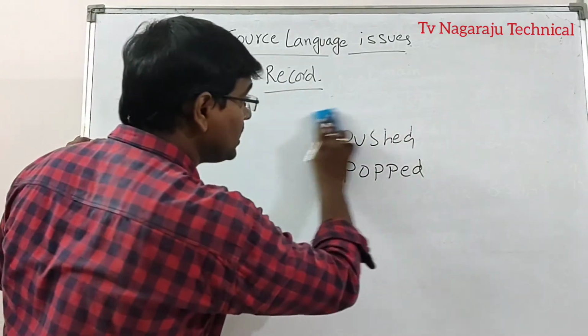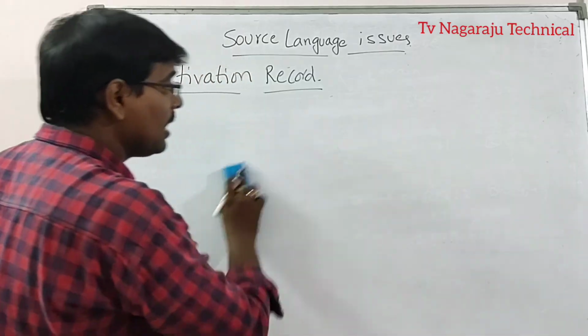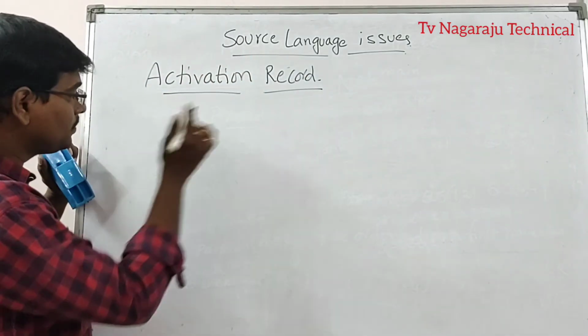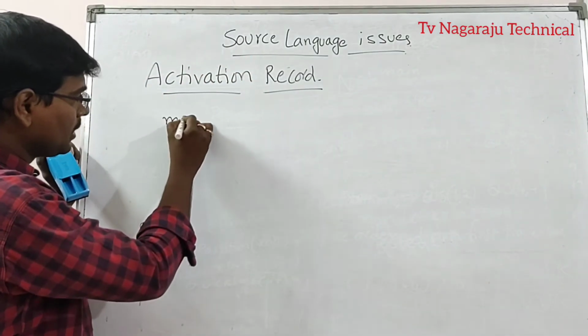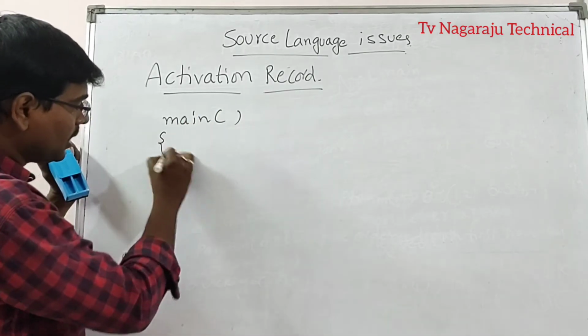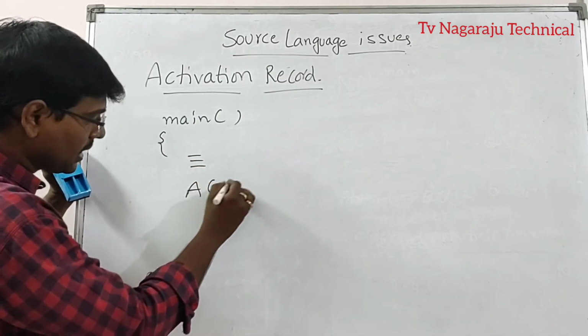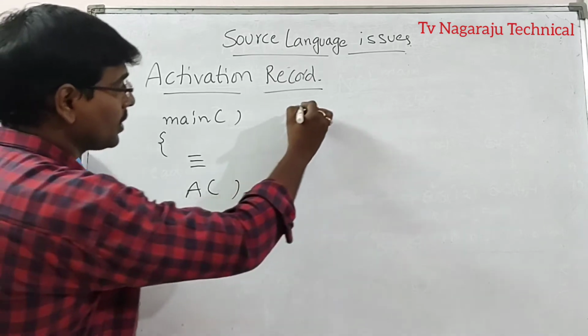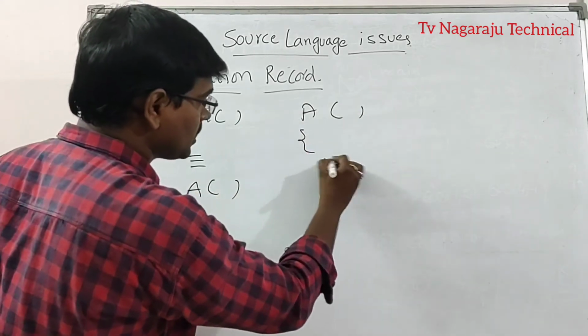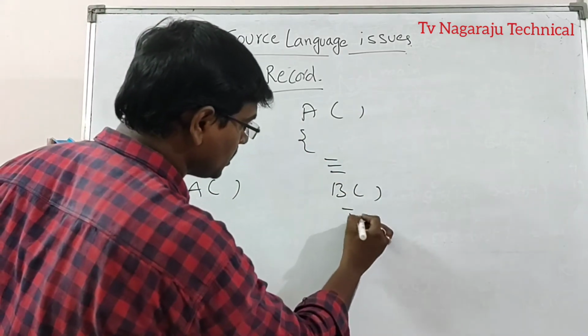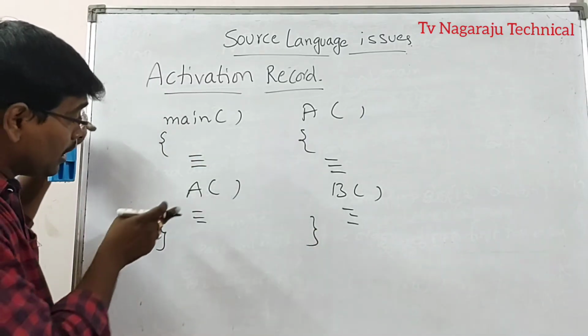Now, for this activation record, I will give you one example. For example, main has some set of statements, and I have some procedure A with some set of statements. Understand this one.